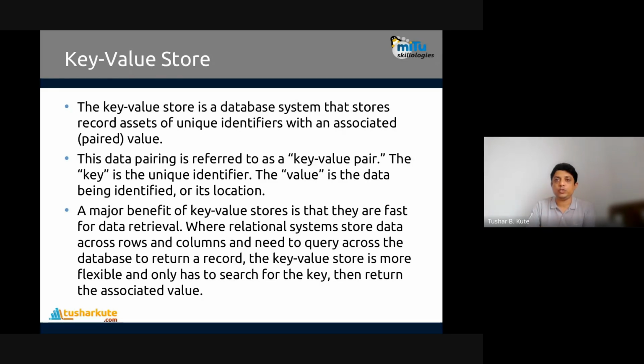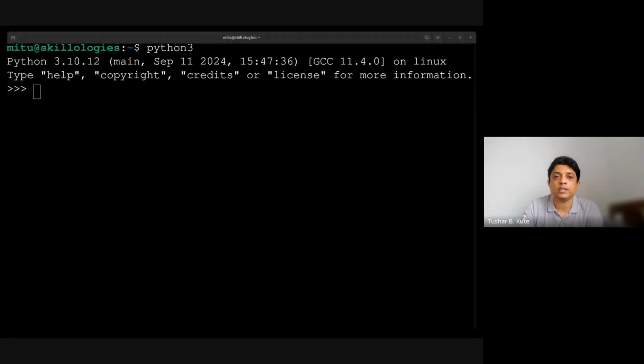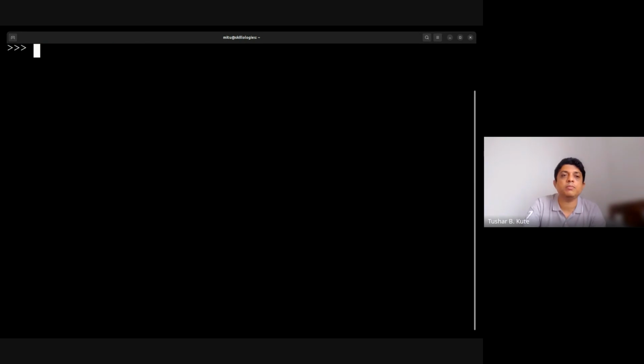I hope in Python you have heard about this term, dictionary, that we can use. See this, for example, this is Python's terminal.